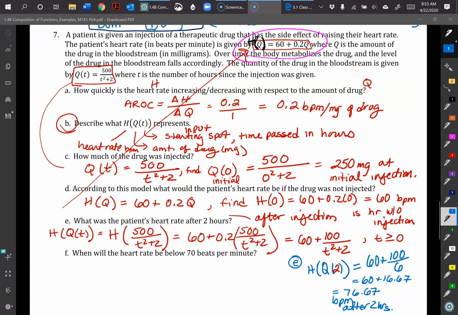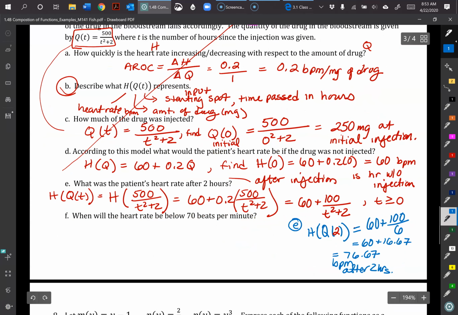Now part F is asking, when will the heart rate be below 70 beats per minute? So we want to set up our H of Q of T, because we need to include time and heart rate, so we have to roll them together.